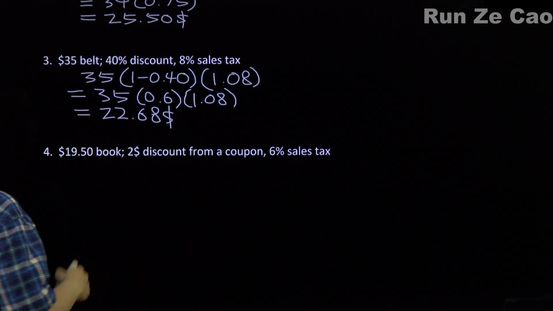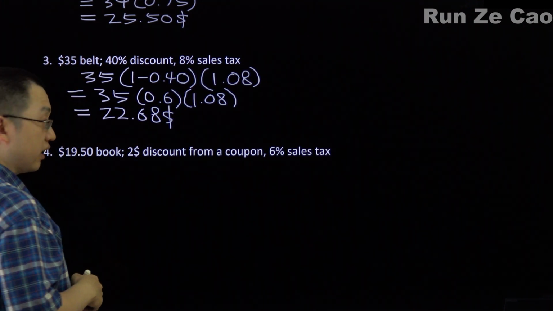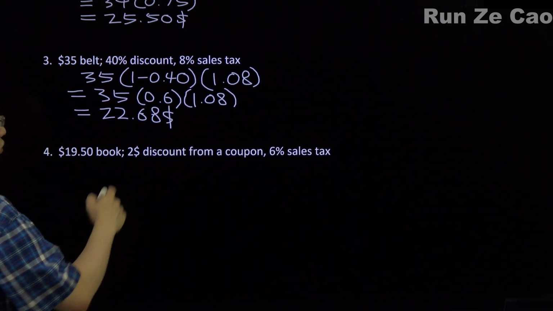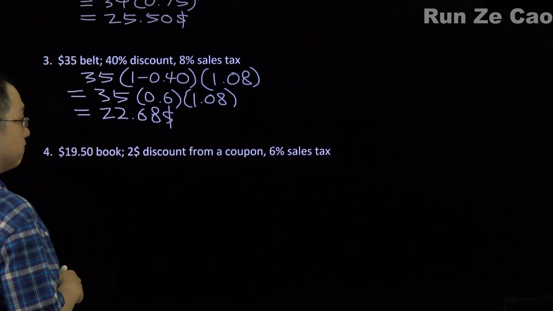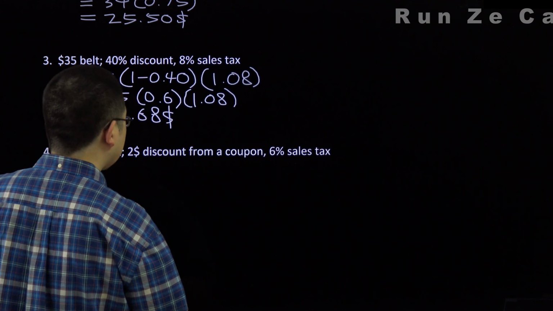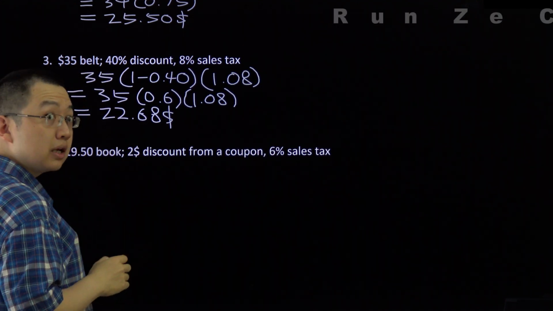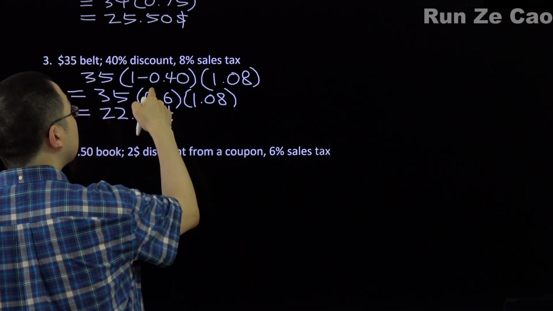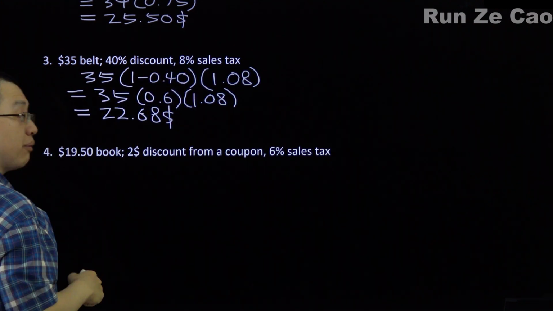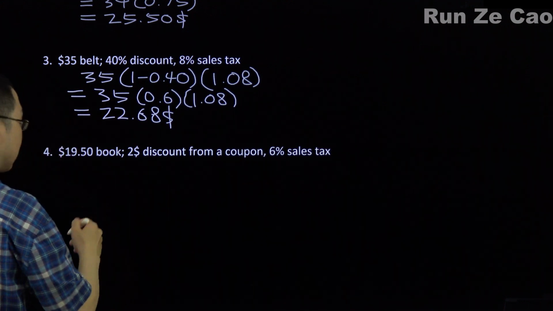Okay, let's say we have a $19.50 book, and we have a $2 discount from a coupon, and then we have a 6% sales tax. Hey, this sort of discount that's just an amount is different from a proportional discount. You just subtract directly.